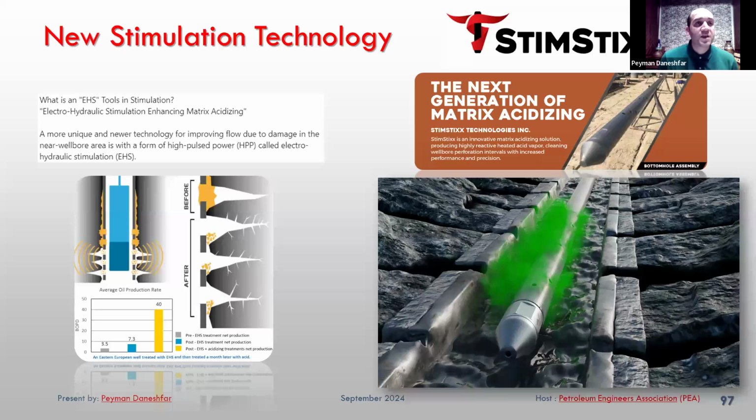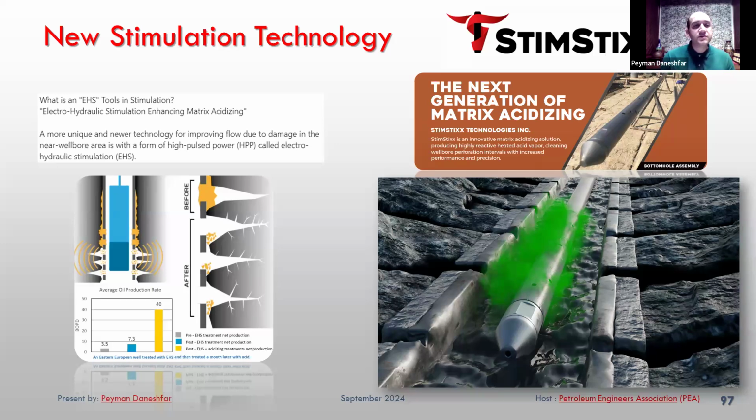or 2 minutes. We have more, such as slickfrac or something like this. But the one most exciting for me is one of the EHS tools, electrohydraulic stimulation, enhancing matrix acidizing.